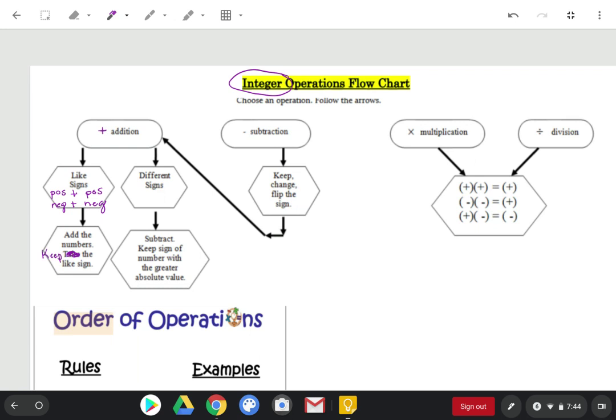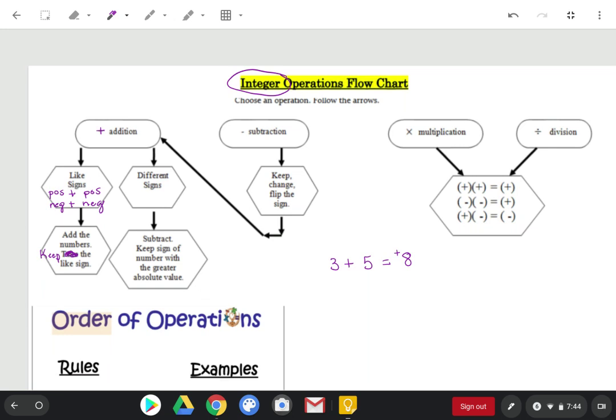This is what that looks like. For instance, if I'm adding positive 3 plus positive 5, I add those two numbers, 3 plus 5 is 8, and I keep the sign. So my sign is going to be positive. You don't have to put that plus in front of the 8. It's understood that it's positive. I just put it there today for emphasis.